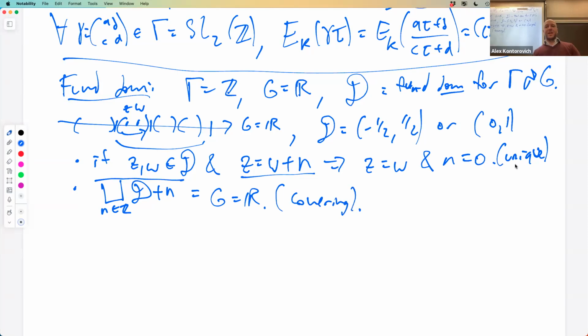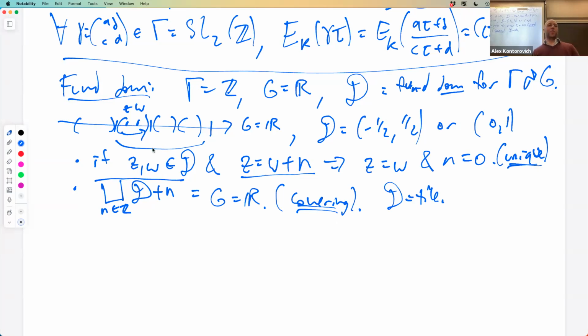So a fundamental domain is like a unique covering. D is a kind of tile that uniquely covers all of space. It's a tile, so there's no overlap. The tiles don't overlap as you move them around by the group, but they do cover the whole group, at least in the sense of closure.